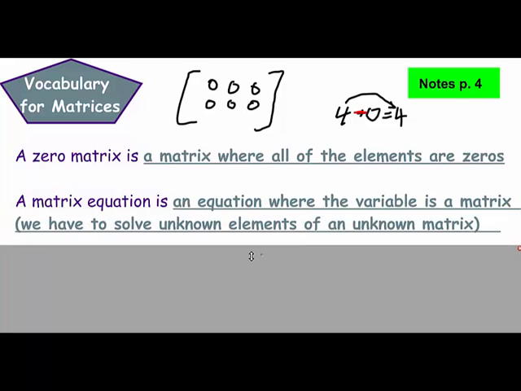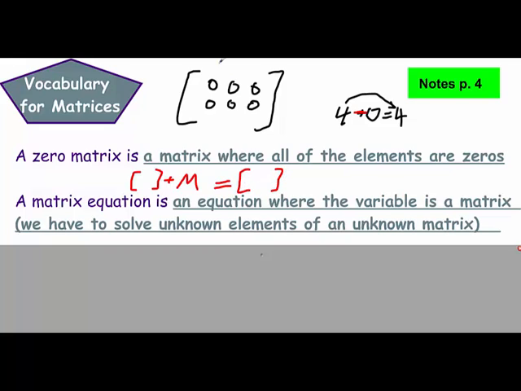A matrix equation is an equation, meaning it has an equal sign, where the variable is a matrix and we have to solve for the unknown elements of an unknown matrix. That would be like if we had a matrix over here and we said plus some big giant unknown matrix, we'll call this one M, equals another matrix over here.